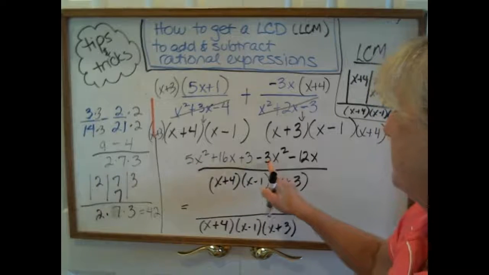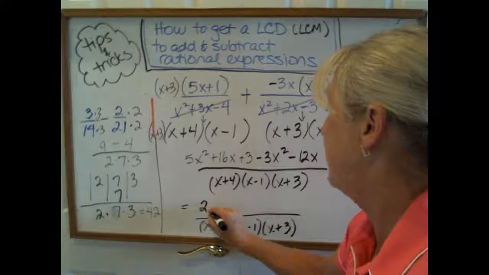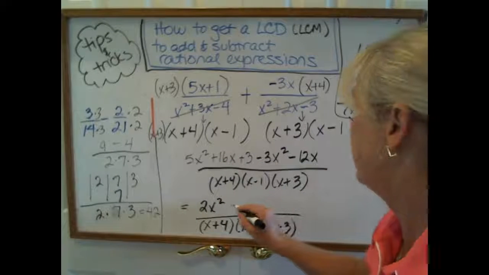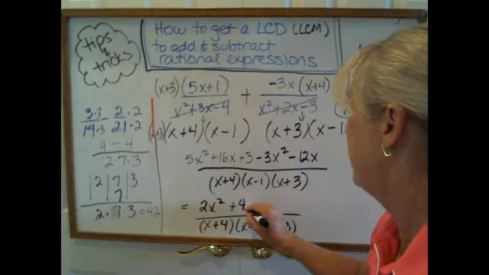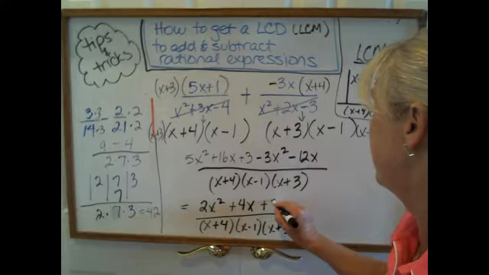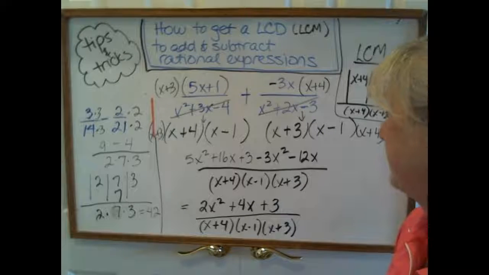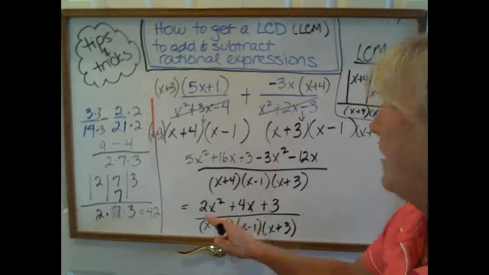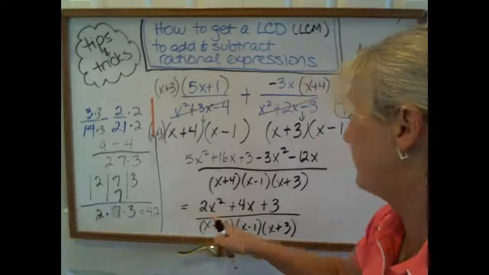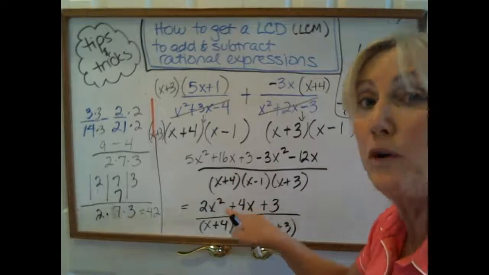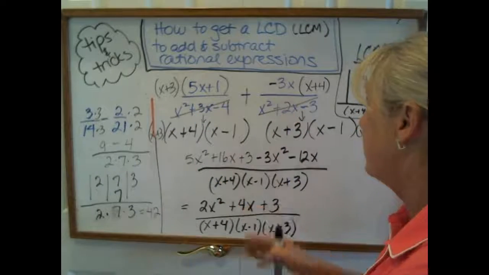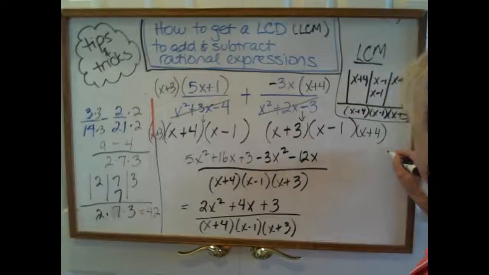And 5x squared minus 3x squared is 2x squared. 16x minus 12x is plus 4x. And then plus 3. Now, just like up here, we check to see if the numerator could factor. We had to combine everything by multiplying, and then we're going to see if this refactors.